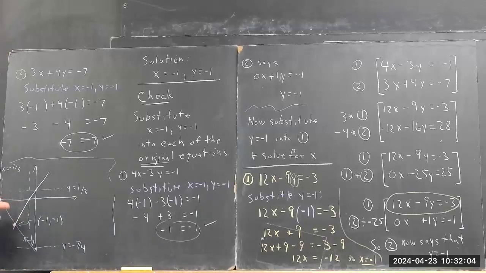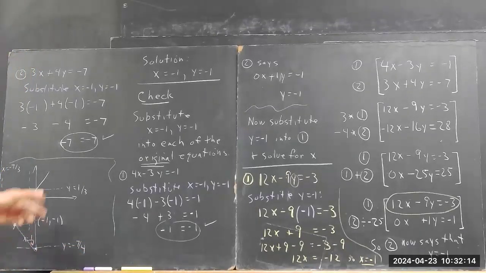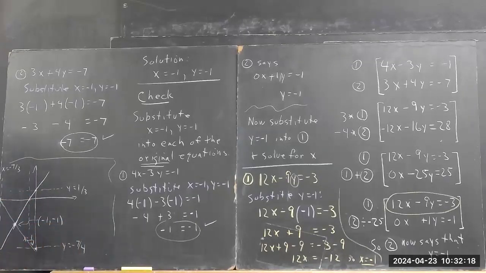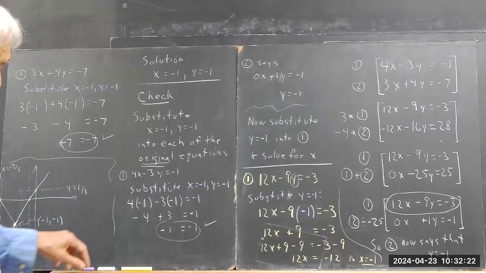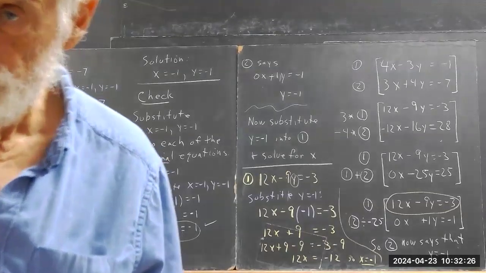And that's plausible, given that I didn't leave myself room to put that -7/3 in there. If it's done neatly and carefully, you're going to get a graph that looks much like this, with a crossing point at -1, -1. We want to review that.